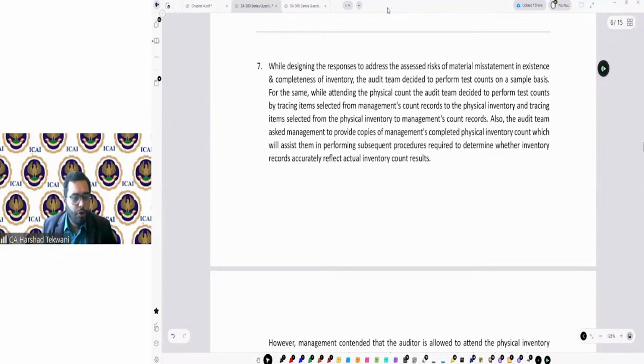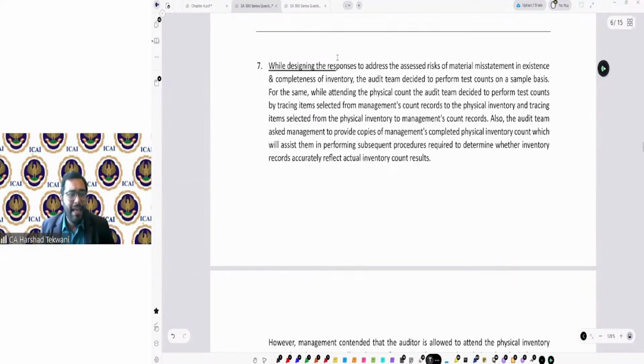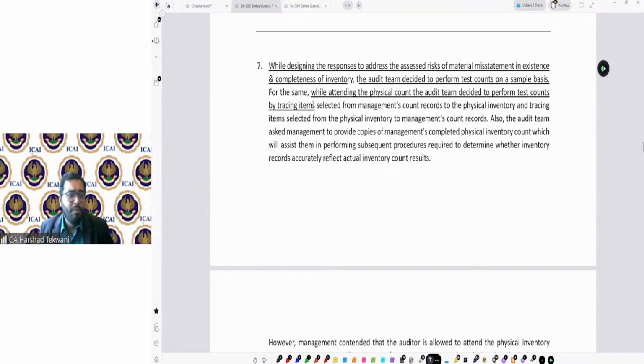Yeah. So the question is, while designing the response to address risk of material misstatement in the existence and completeness of the inventory, the audit team decided to perform test count on sample basis. For the same, while attending the physical count, the audit team decided to perform test count by tracing the items selected from management's count records to the physical inventory and tracing items selected from the physical inventory to the management count records.